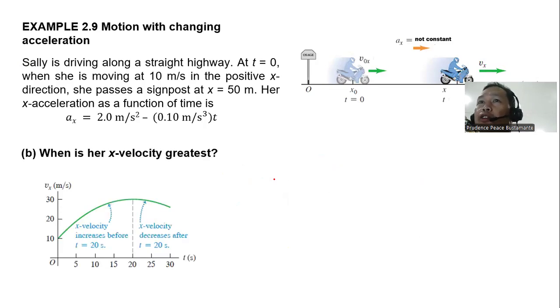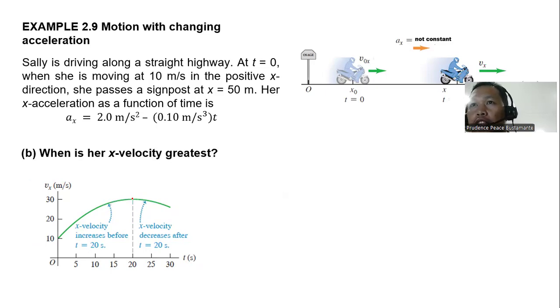Where is he? Where, when? So when is her velocity greatest? If you actually graph the velocity versus time, you will get this curve here.